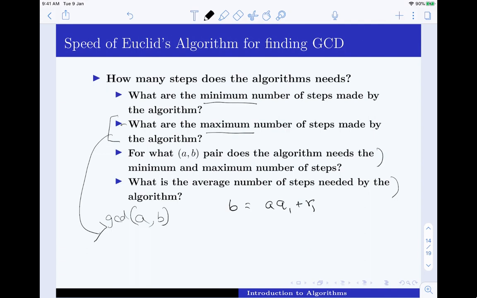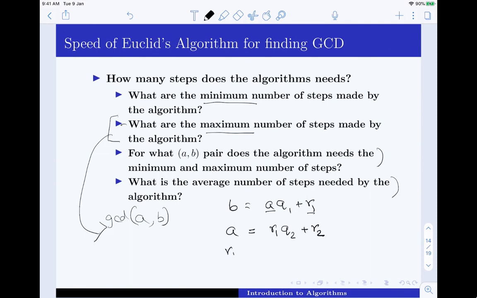Then I write A as R1 times Q2 plus R2. And you can continue like that.